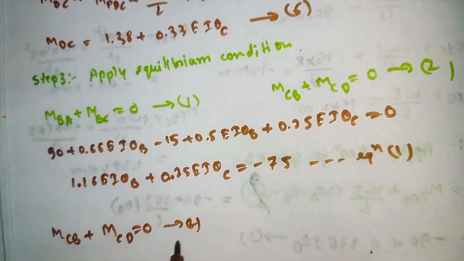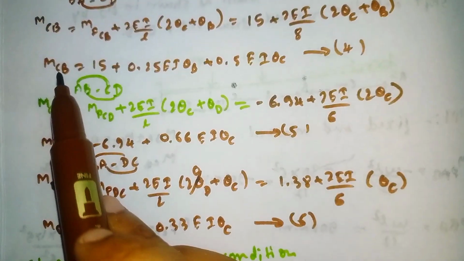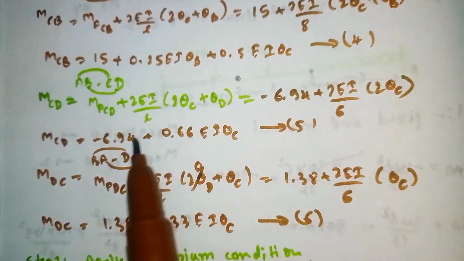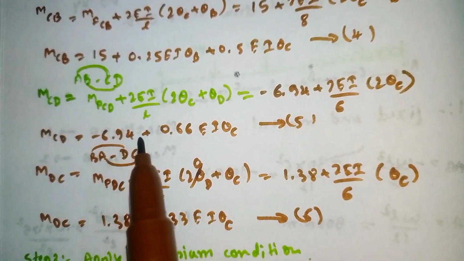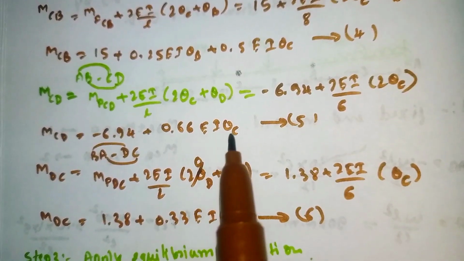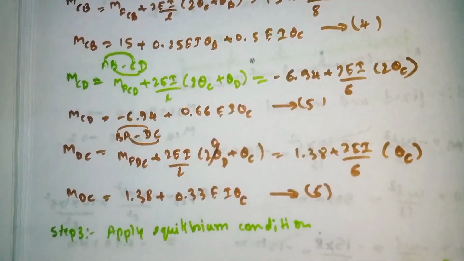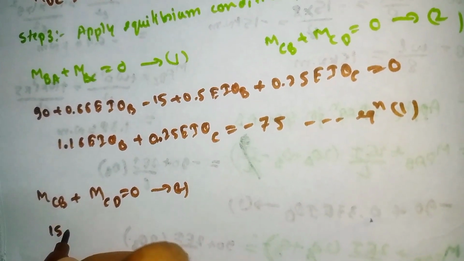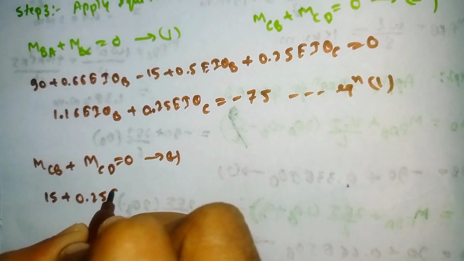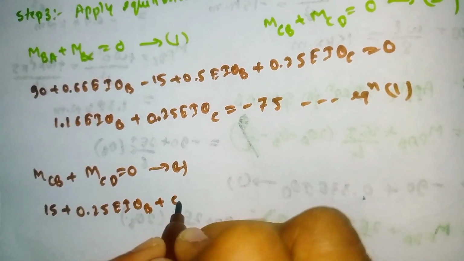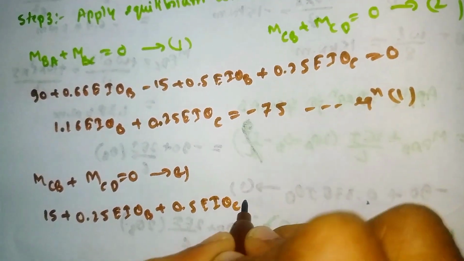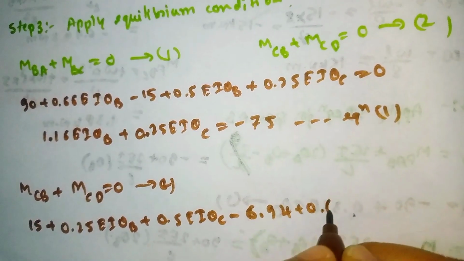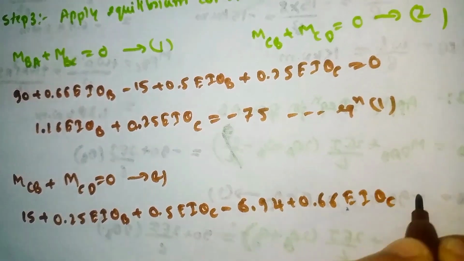MCB we got was 15 plus 0.25 EI theta B plus 0.5 EI theta C, and MCD we got was minus 6.94 plus 0.66 EI theta C. So 15 plus 0.25 EI theta B plus 0.5 EI theta C plus minus 6.94 plus 0.66 EI theta C is equal to 0.